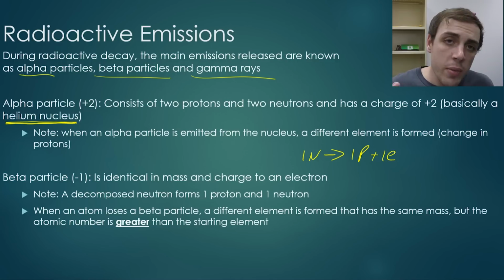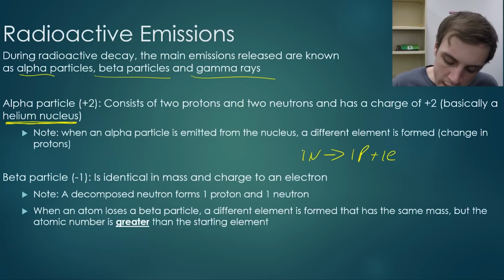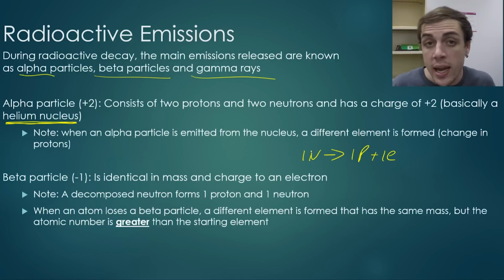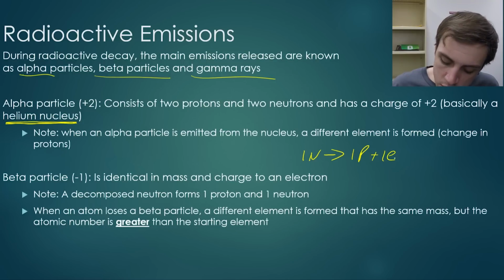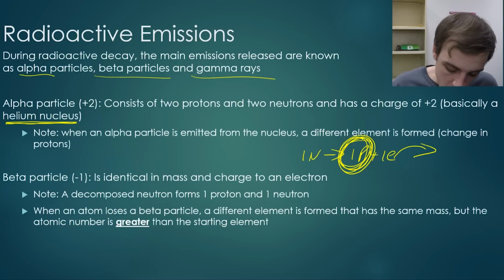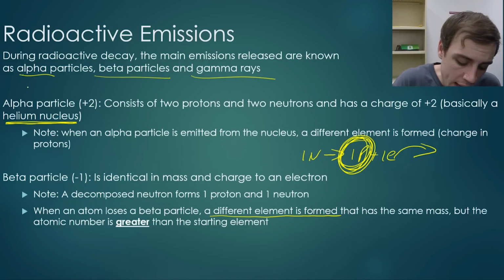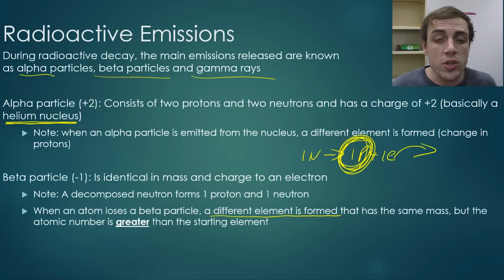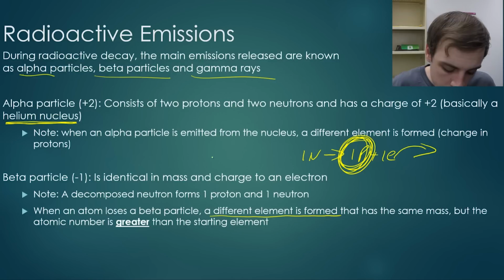Now, a very important thing to note here is that we lose this neutron because it's being broken down, obviously. This electron gets released, but this proton here is retained. So it means that a different element is formed yet again, but instead of an alpha particle, where it's lost 2 protons, so it's going down the periodic table, a beta particle, because it's losing a neutron but breaking down to create a proton, is going up on the periodic table, because it's strictly speaking gaining a proton.